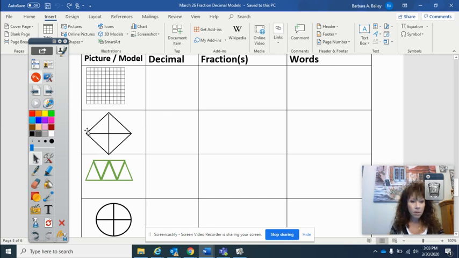Okay, so I'm going to shade these now, and then I'll tell you what to do after this. Okay, let's try blue. I haven't used blue yet. So I'm going to come up here, and I'm going to shade in a part of this block. Can't color. No mouse control today.